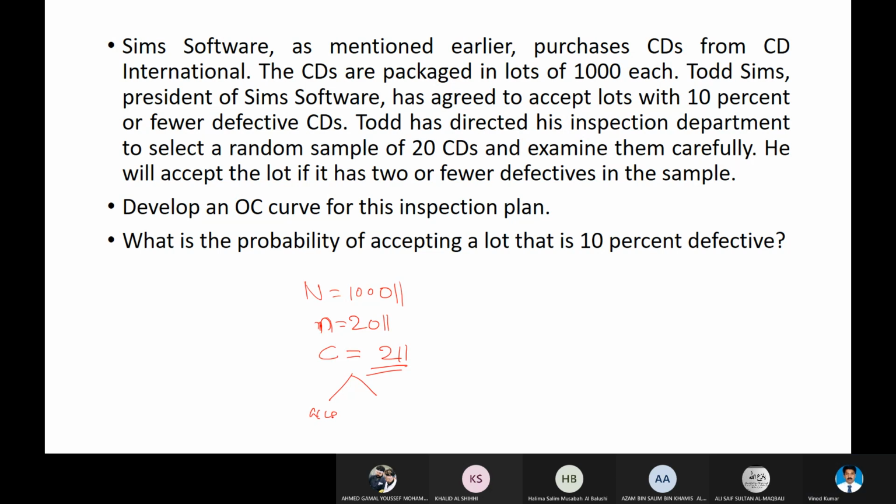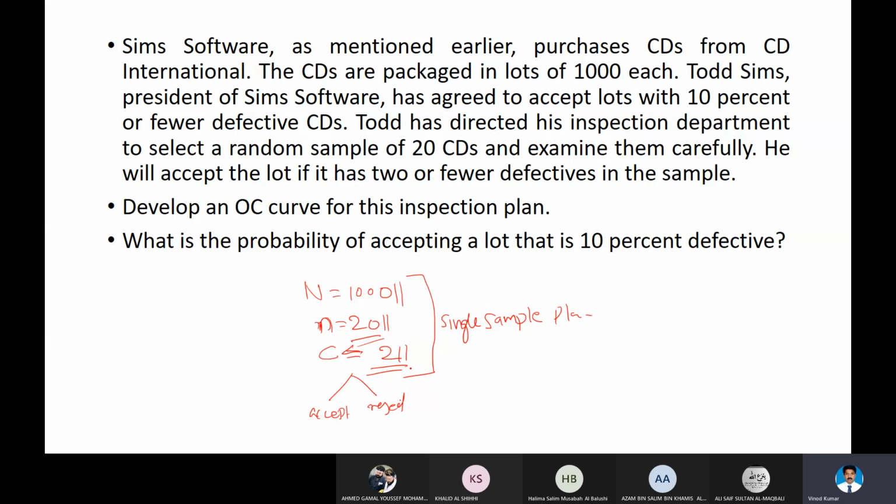So this is a plan. We call this a single sampling plan because we take only one sample for inspection.